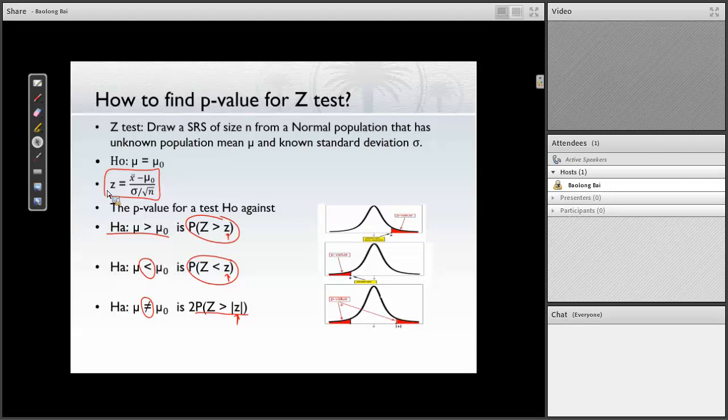So for this kind of hypothesis test, we call them a one-tailed test. And for the last scenario, the p-value will come from both sides of the density curve, so we call this a two-tailed test.